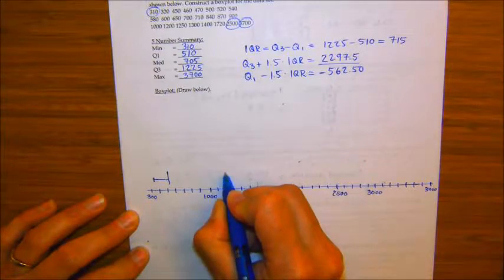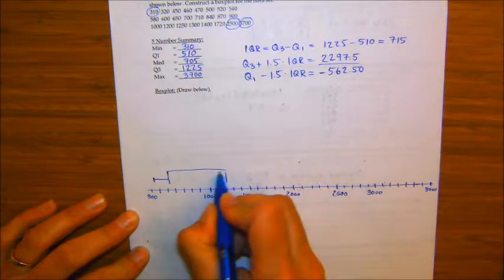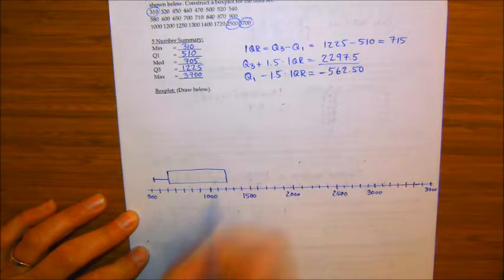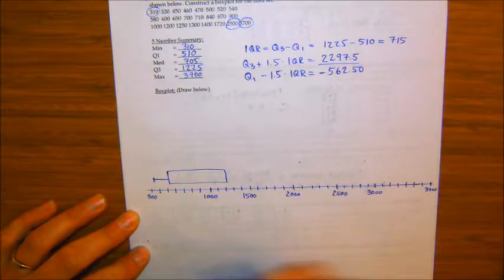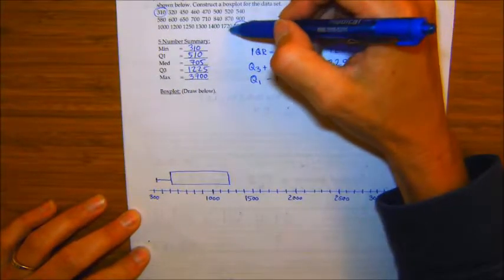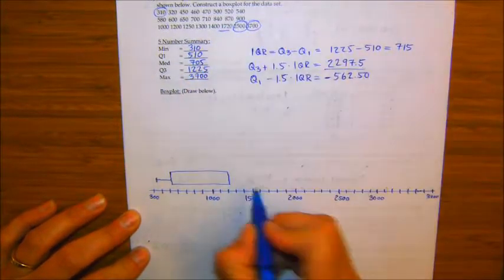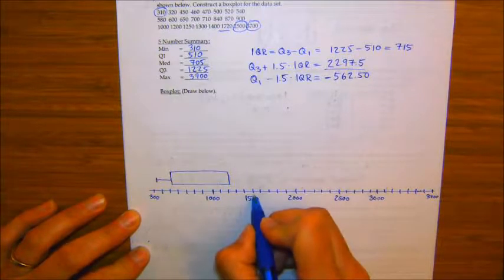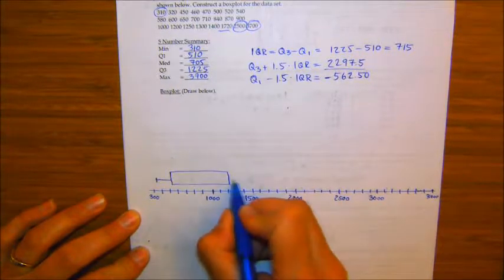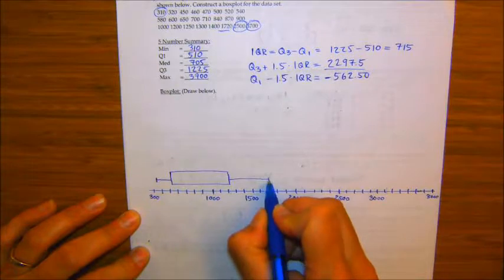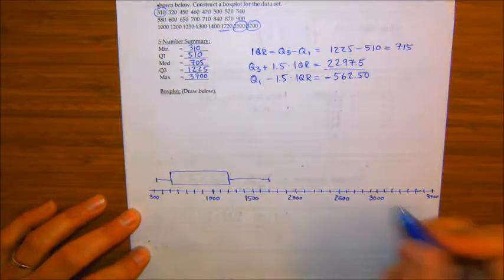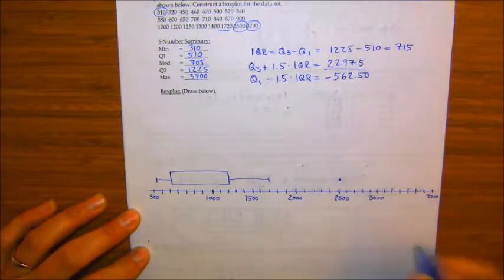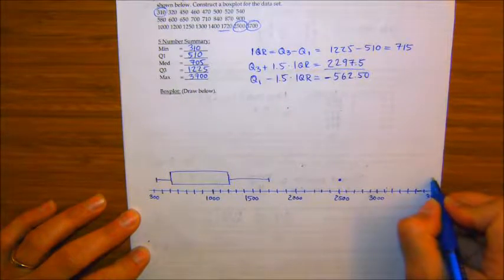Just above that over here, we have our box. And then it goes to the maximum. So if we have a modified box plot, we're going to end the whisker at 1,720. So 1,500, 1,720. And then we indicate the two outliers as a dot or an asterisk over here.